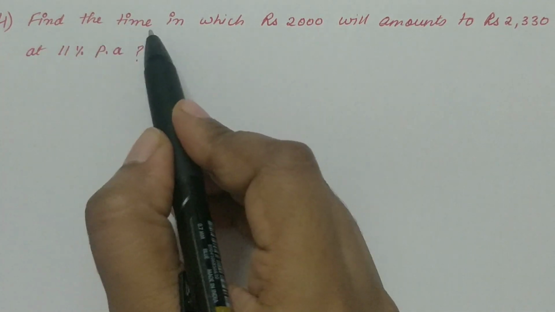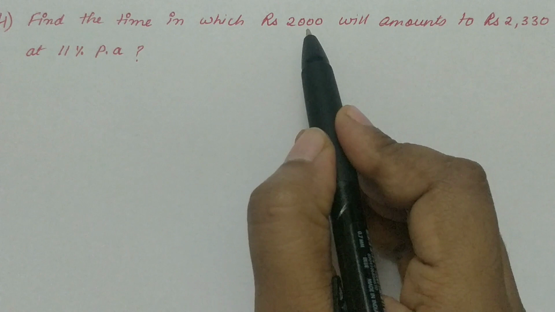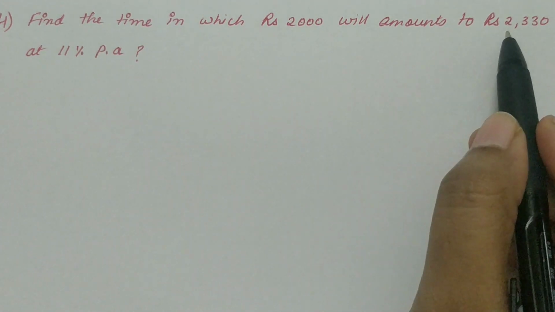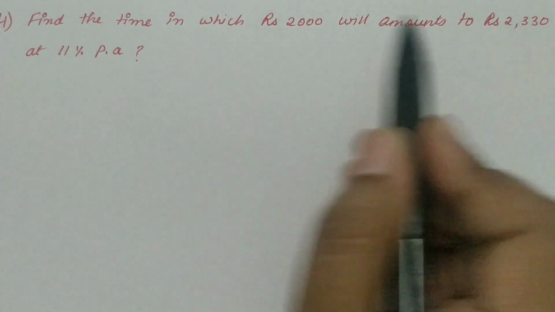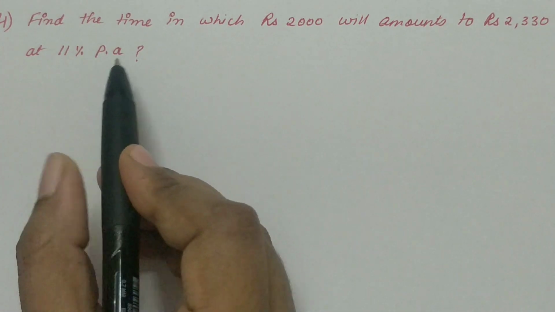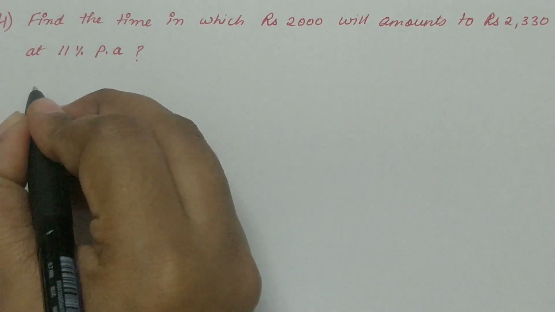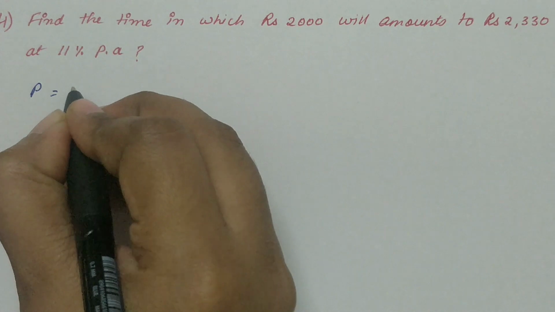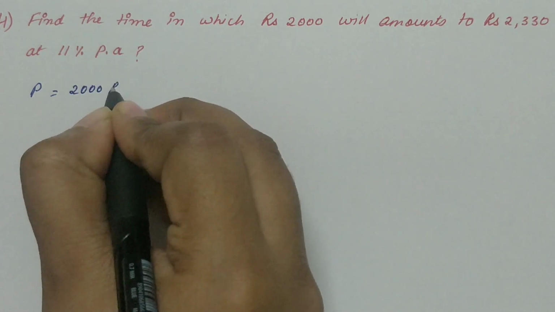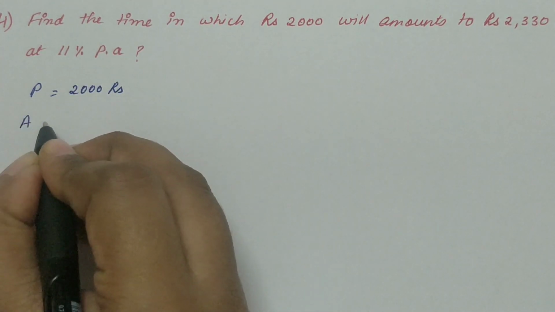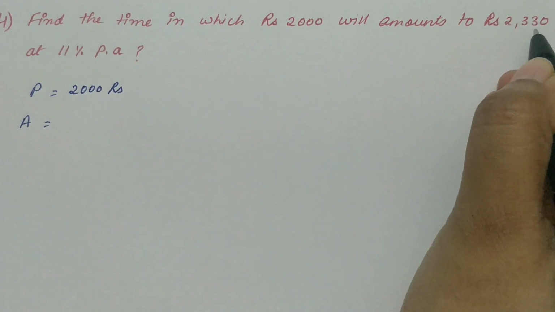Fourth one, find the time in which rupees 2000 will amount to rupees 2330 at 11% per annum. Given principal equal to 2000 rupees. Amount equal to 2330 rupees.